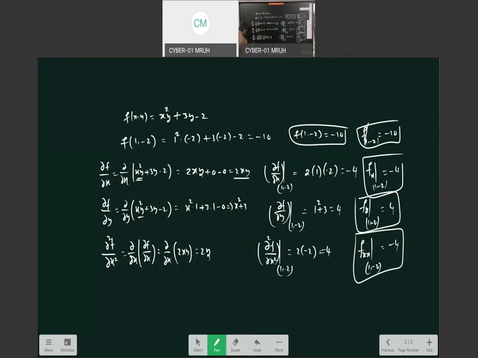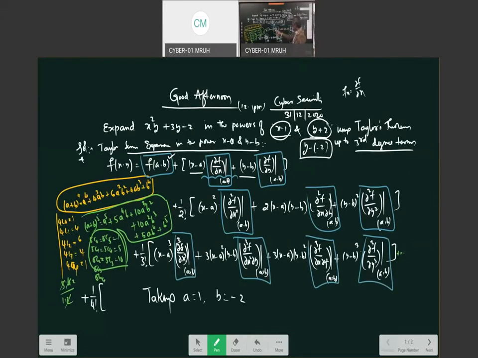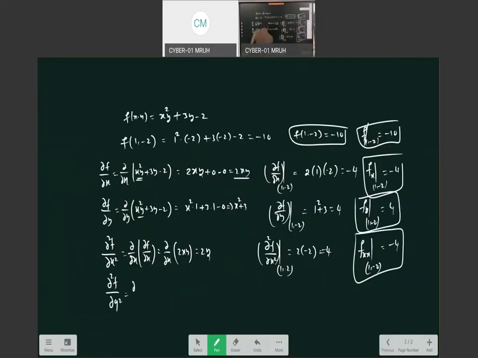Next I need dou square f by dou y square, which is nothing but dou by dou y of. Let me check it. In the expansion, I evaluated dou square f by dou x square, then dou square f by dou x dou y, then followed by dou square f by dou y square. So let me calculate the other term first. Now I need dou square f by dou x dou y, which is nothing but dou by dou x of dou f by dou y. What is dou f by dou y?